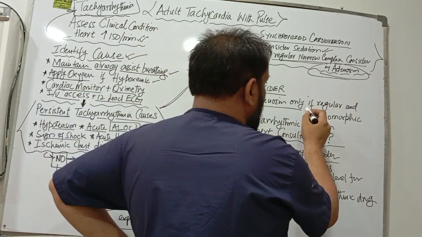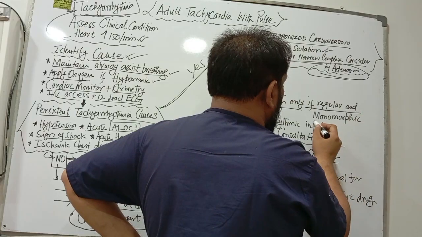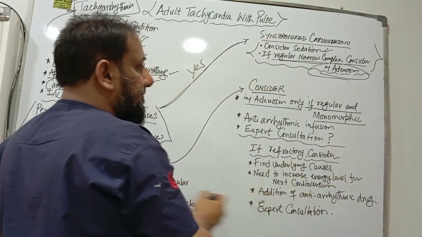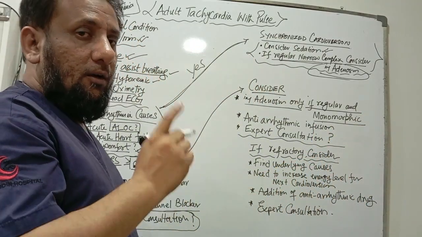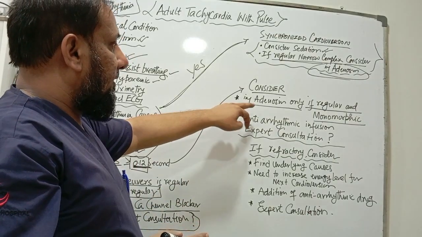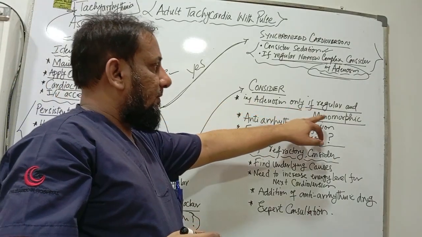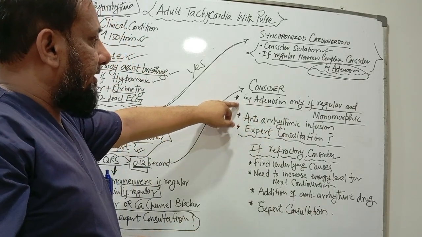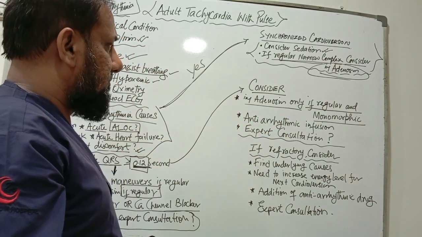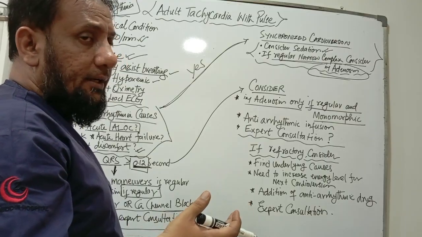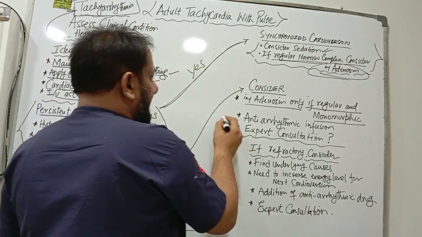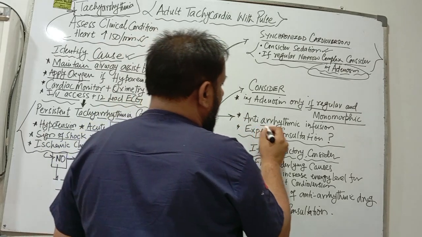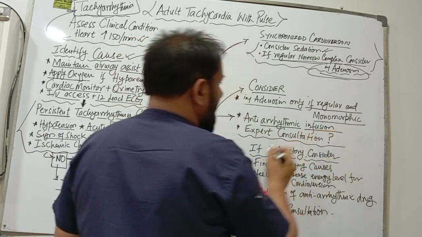If you have regular monomorphic tachycardia, always keep in mind, then you will consider the injection adenosine. Okay? Then, according to doctor's advice, you will take the antiarrhythmic infusion.